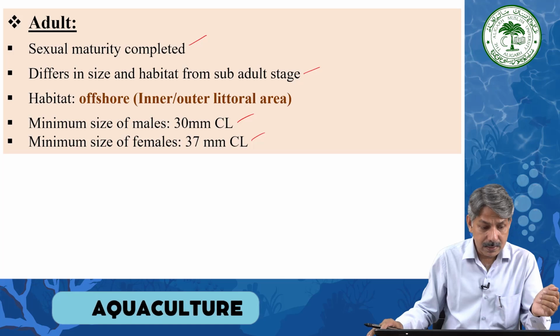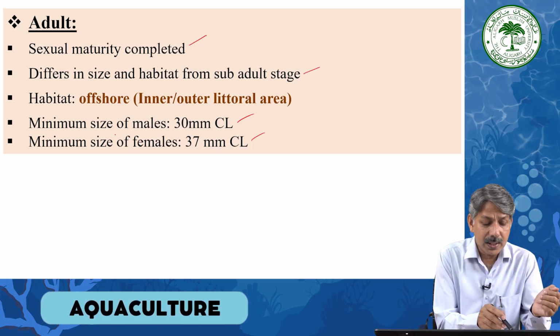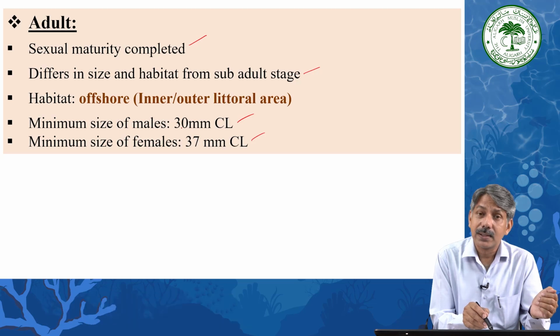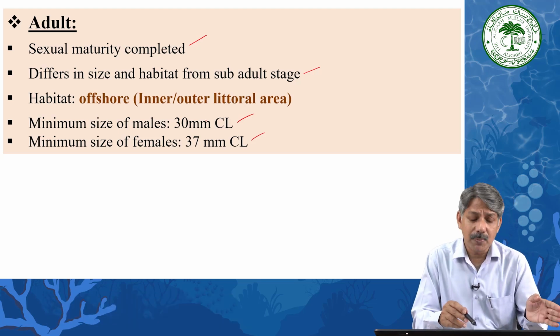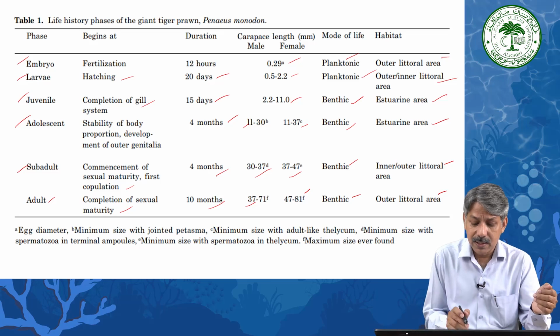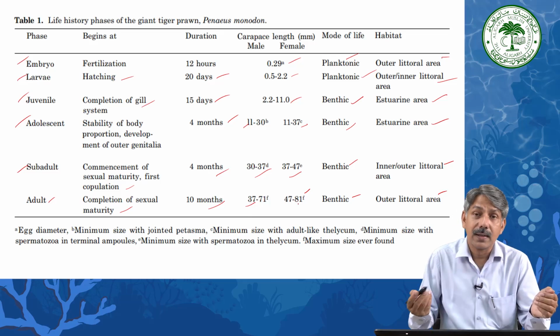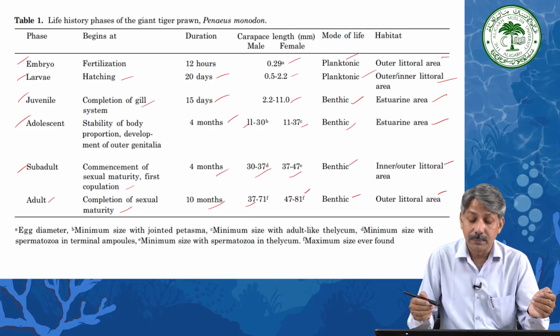adolescent and adult stage. In case of adult stage, okay, this is the minimum size given. So it's all right. This is the minimum size, and there we have discussed the range. So they can go to 71 carapace length, and here maybe 81.